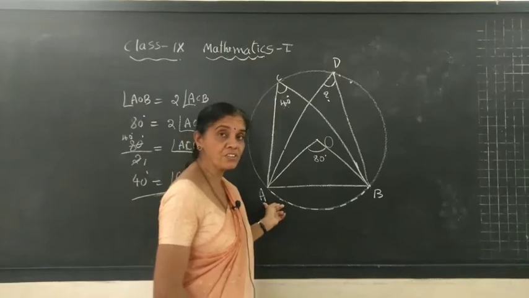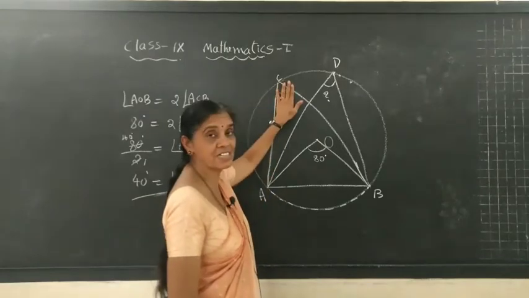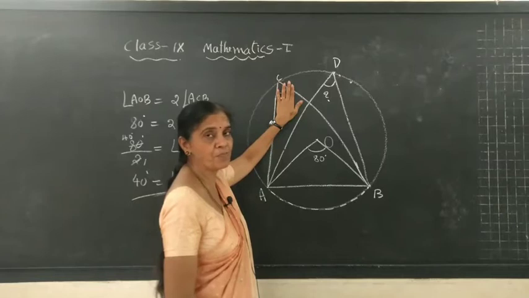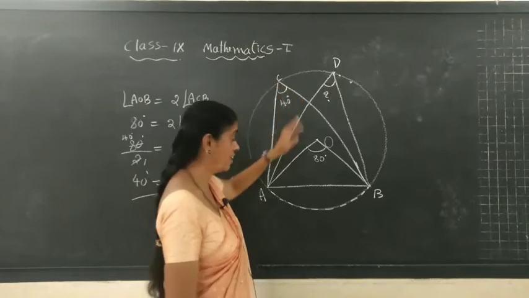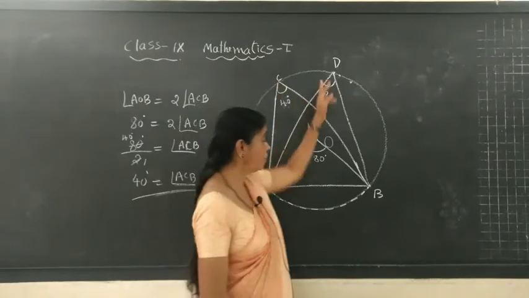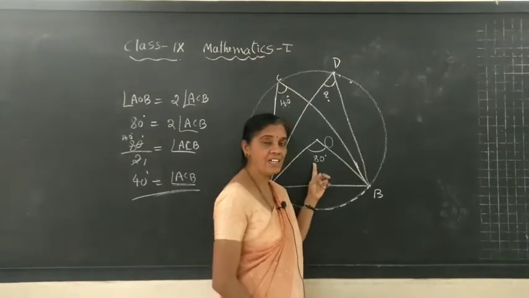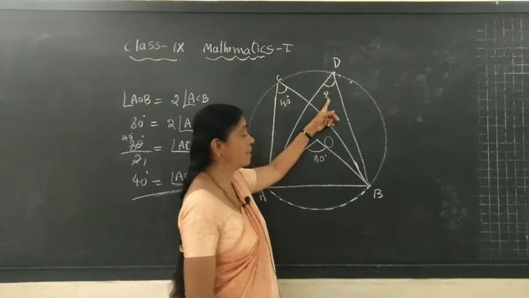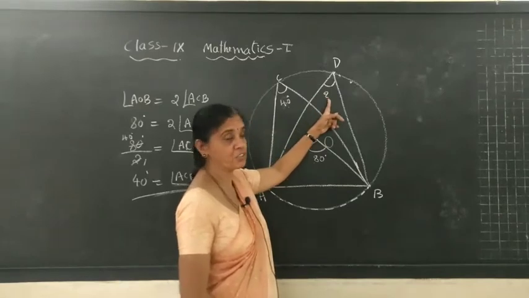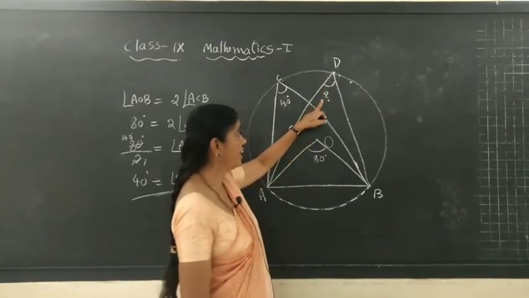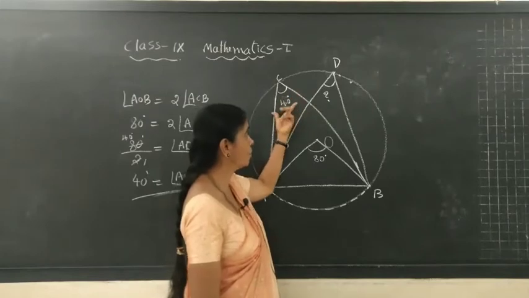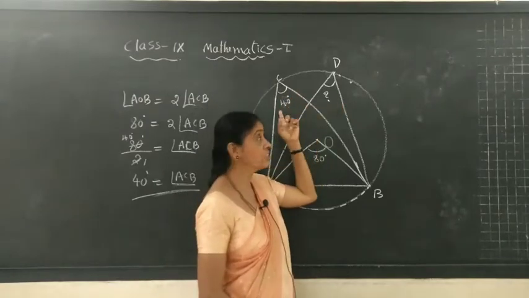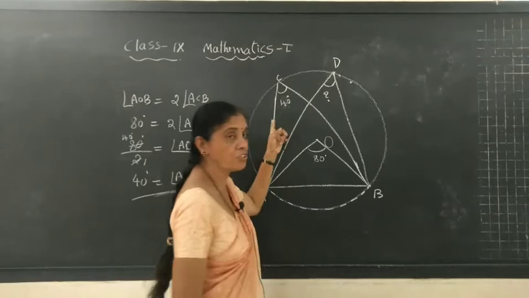So according to yesterday's theorem, angle ADB is half of angle AOB. So it is 80 degrees, and half of it is 40 degrees. So this also I will get as 40 degrees. How I got the answer, the same rule you have to apply here. So this is also 40 degrees, this is also 40 degrees.